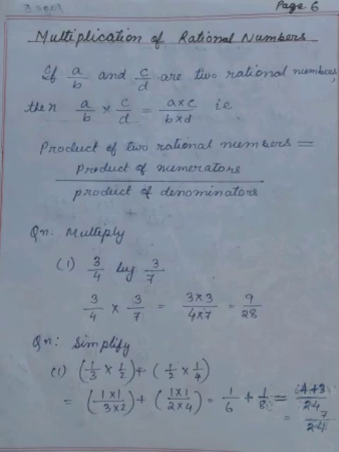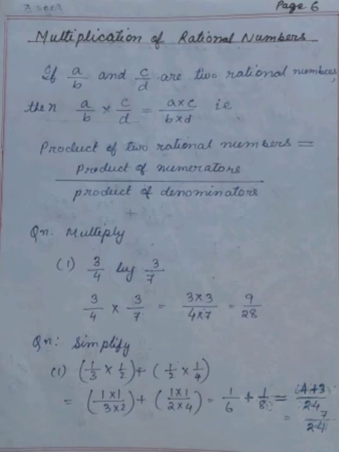Next question is simplify 1 by 3 into half plus half into 1 by 4. So here, according to the BODMAS rule, we have to solve the quantities which are inside the bracket first, then we can do the addition.